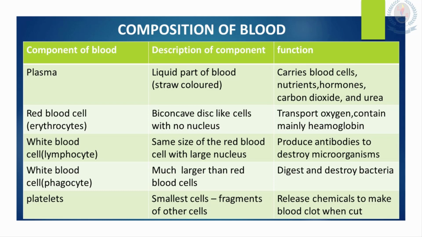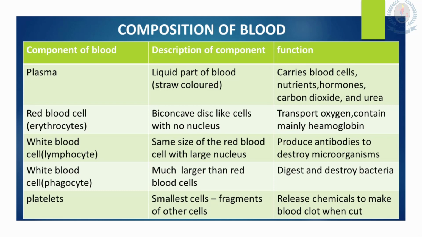Carbon dioxide is carried in the plasma, mainly as hydrogen carbonate ions. Plasma also contains nutrients from the digestion of food, such as glucose and amino acids, and it also transports hormones.